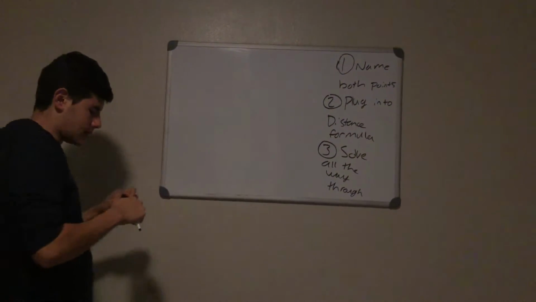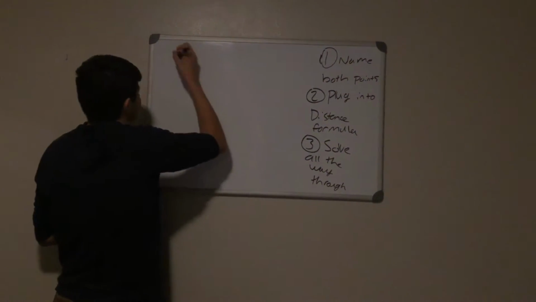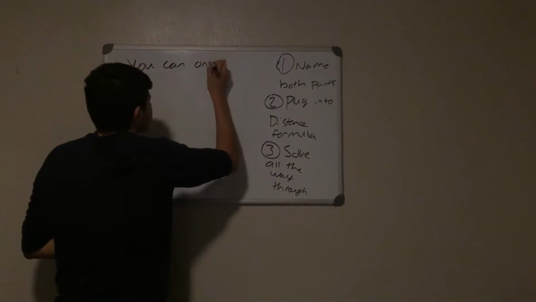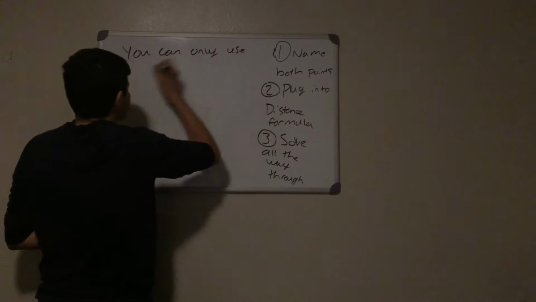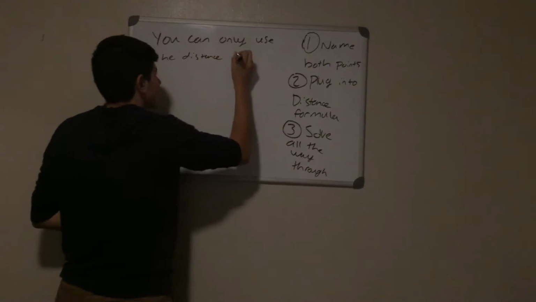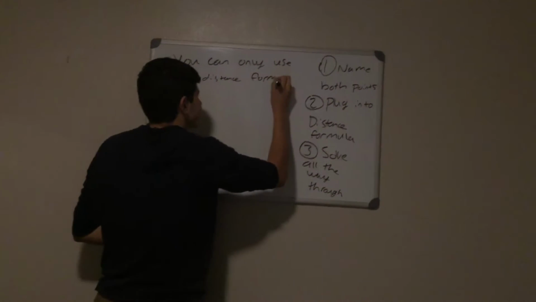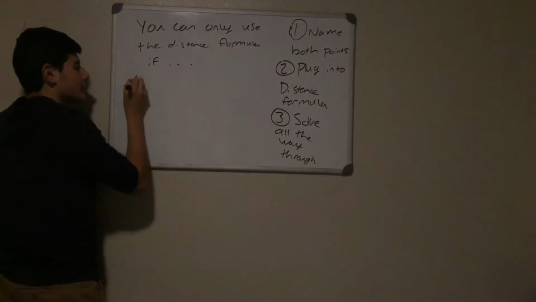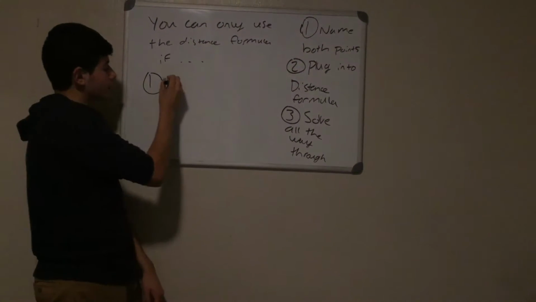So here are the quick little rules. You can only use the distance formula if, one, you have all real numbers.